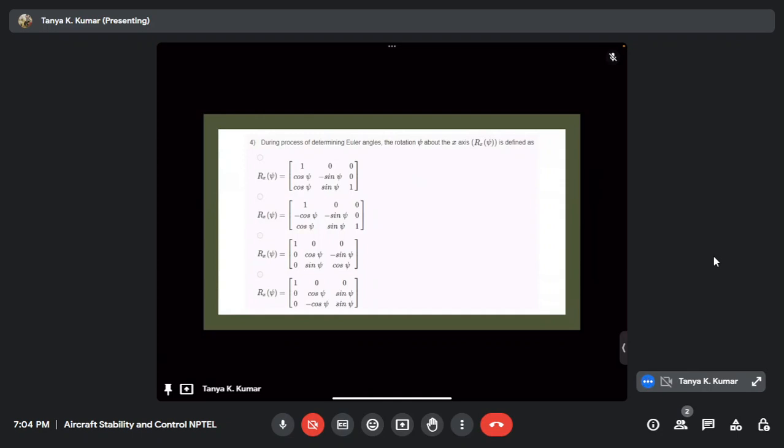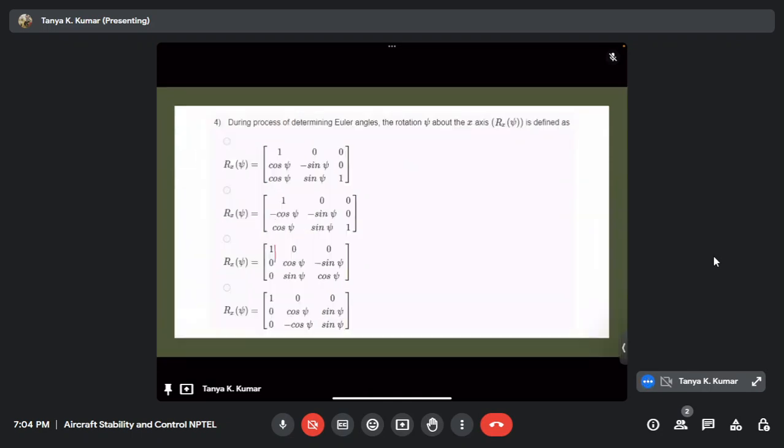So the first row and first column will be 1 0 0 and 1 0 0. Correct? This is something you can remember. If it's about the y-axis, the second row, second column will be 0 1 0 and a combination of that. If it's about the z-axis, the last row will be 0 0 1 and 0 0 1, last row, last column. So it's one of these two options.